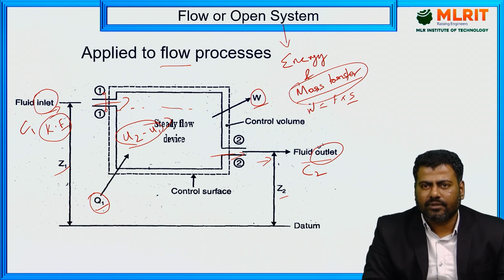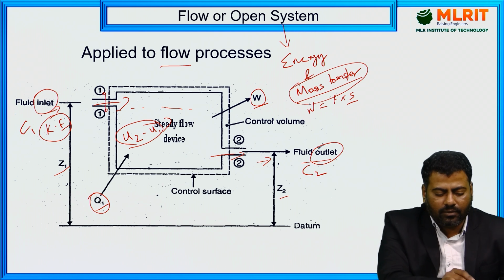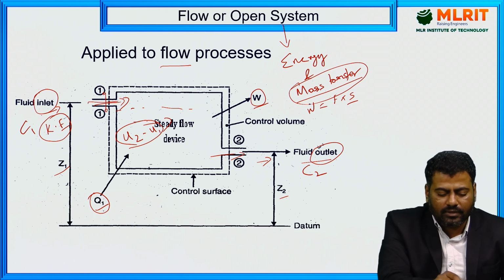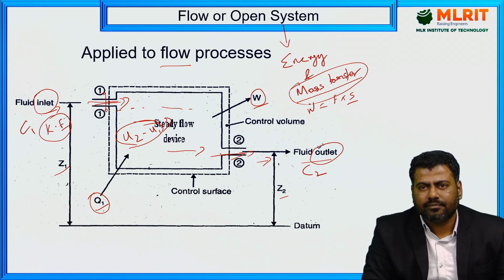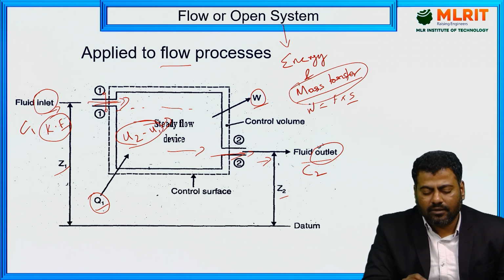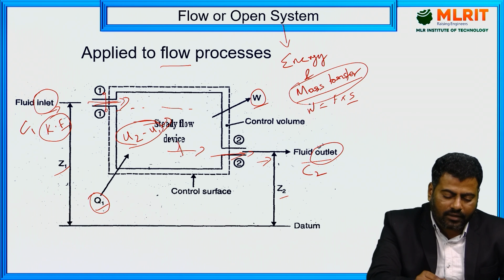But in addition to that, whenever we have flow, the mass is flowing with respect to this particular device or control volume. Whenever the flow is taking place, obviously we are supposed to consider the flow work done also.